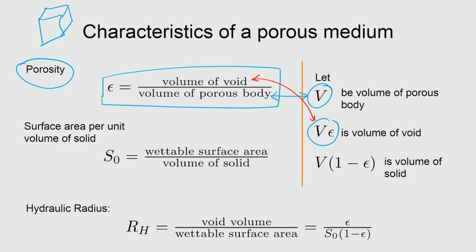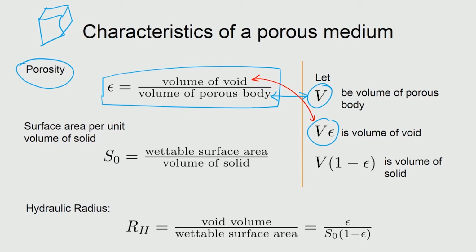Now it is possible to have porous bodies which have the same porosity, but they may be made of particles of different diameter. In such situations, a body made of particles of a smaller diameter would have a more tortuous path for the fluid to go through, which also means that the surface area that is exposed will be more.